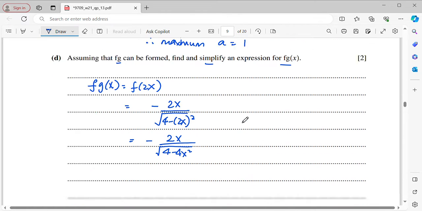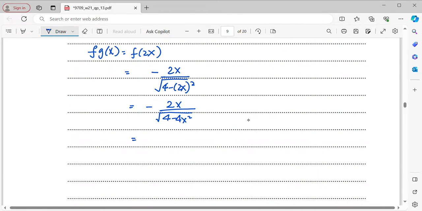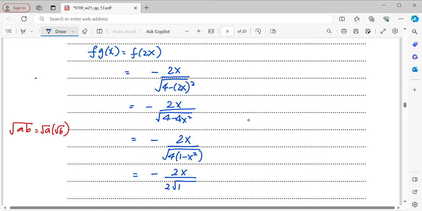And from the denominator, the 4 can be factorized out. So I will be getting square root of 4 brackets 1 minus x squared. And now we have a formula, which is square root AB equals square root A times square root B. So from here I will be getting negative 2x over 2 square root 1 minus x squared.